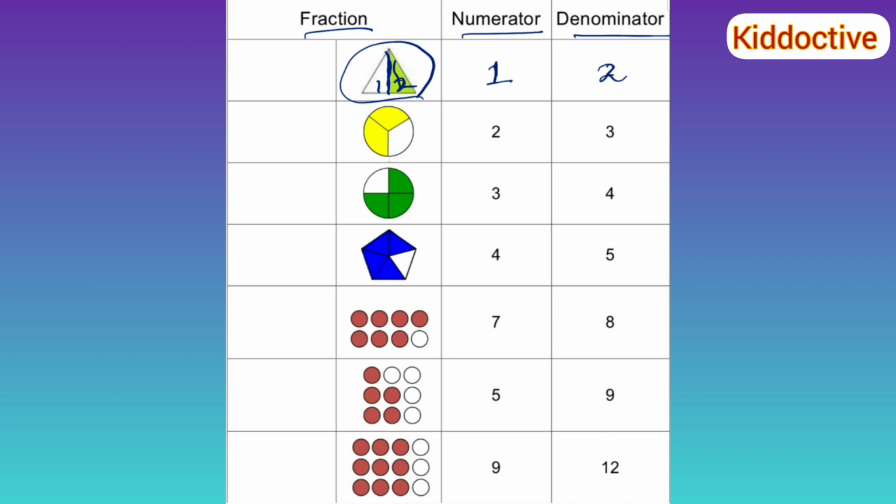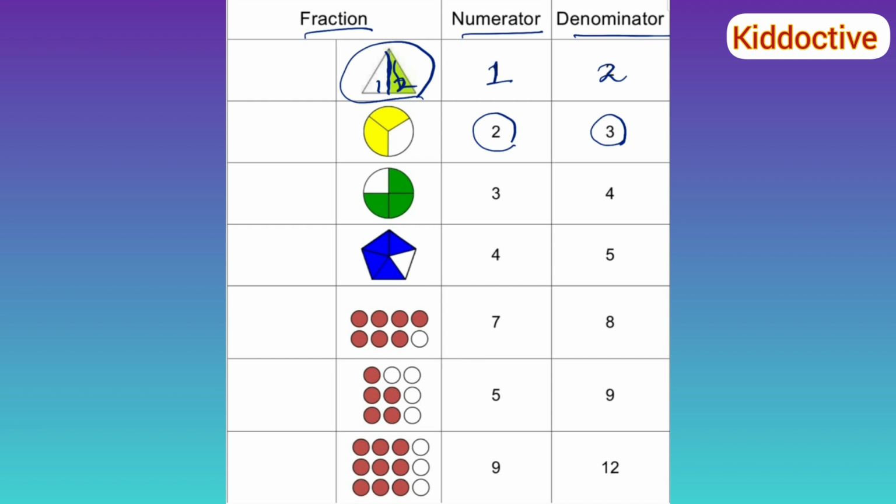Here it's a circle and it is divided or split into 3 parts. So 3 parts means you are going to write 3 as denominator, and 2 parts are shaded or colored, that's why that is numerator. And this circle, there are 4 parts but 3 parts are shaded.